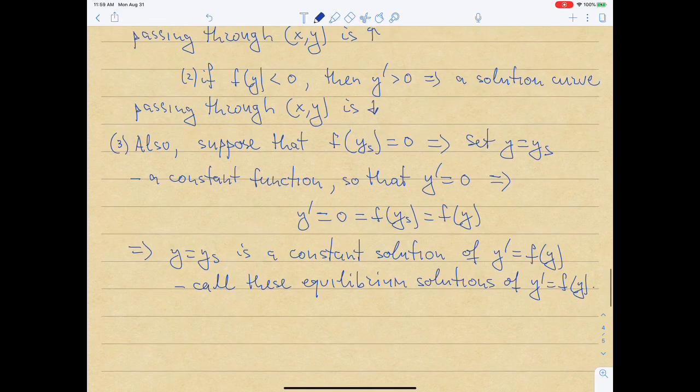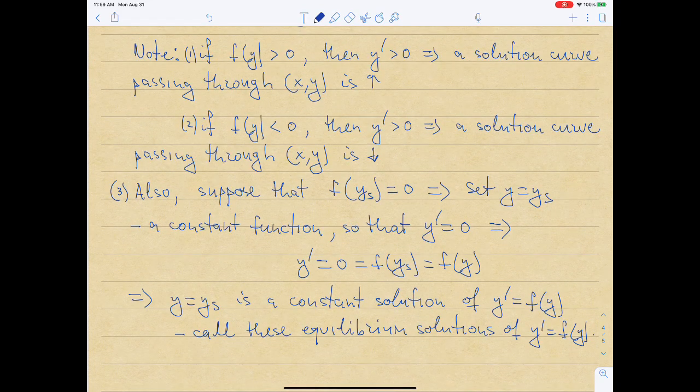Okay, so then we see that these three facts actually tell us the following. If I'm on the xy plane and y is equal to one of these ys's, where f of y is equal to 0, then those are going to be solutions of the ODE.